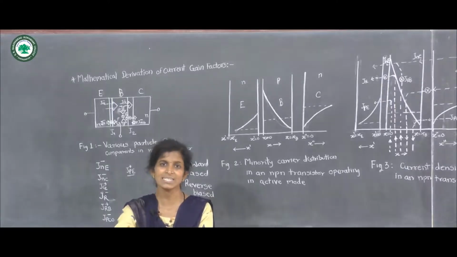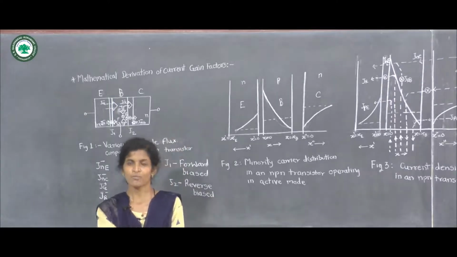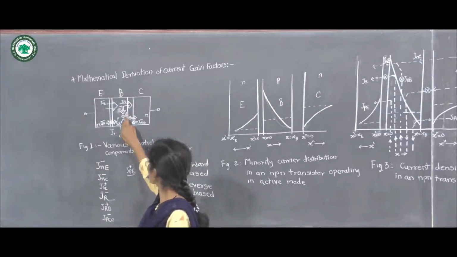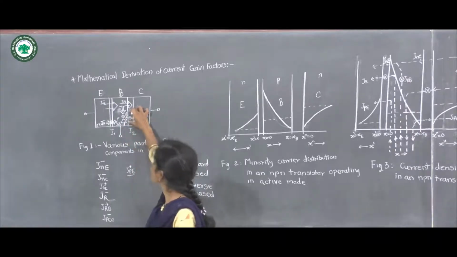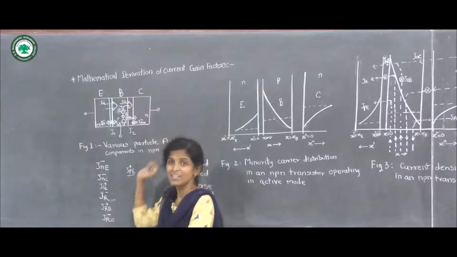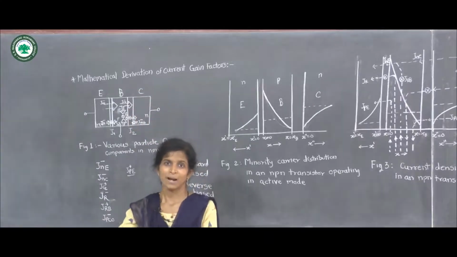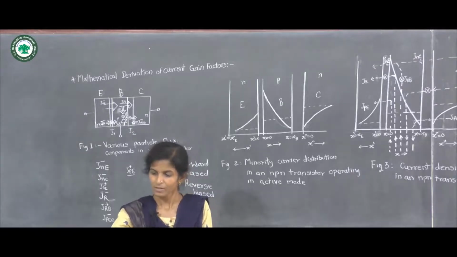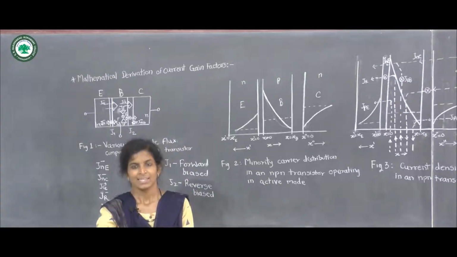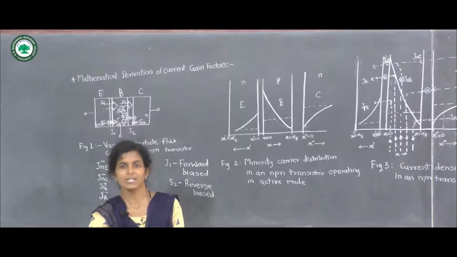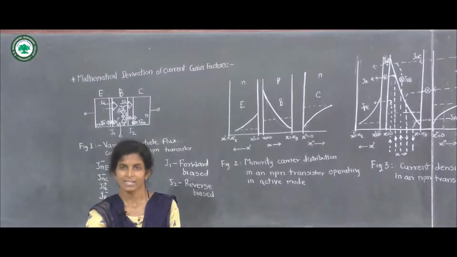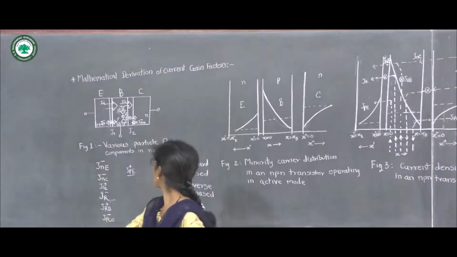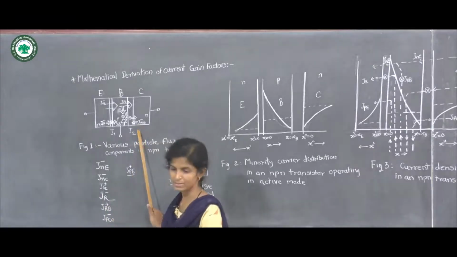So this generation yields the hole flux, which is given by Jg plus. Again, the ideal reverse saturation current in the base-collector junction is denoted by JPCO minus.